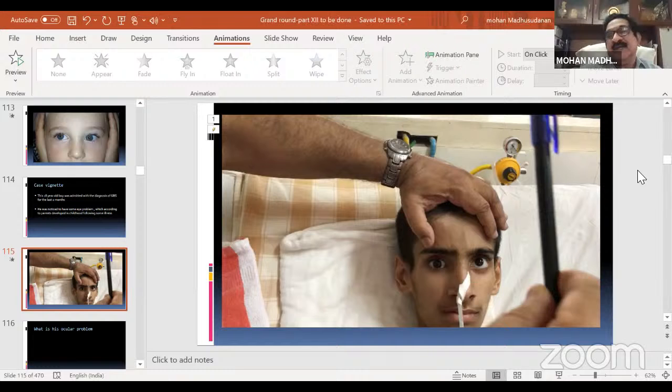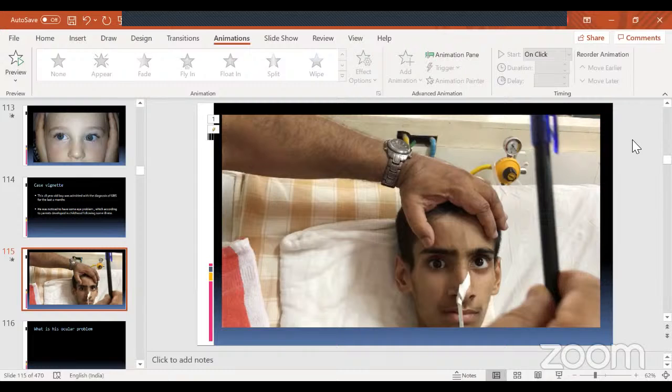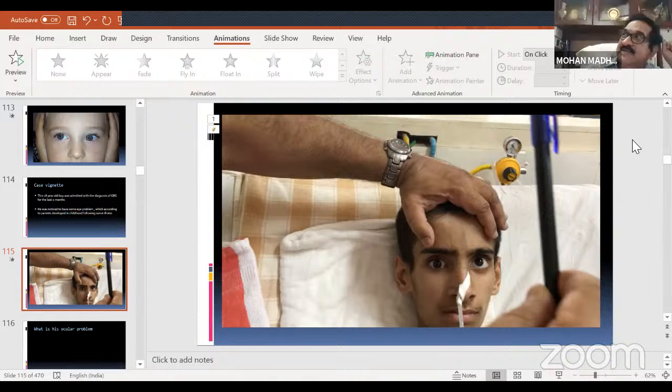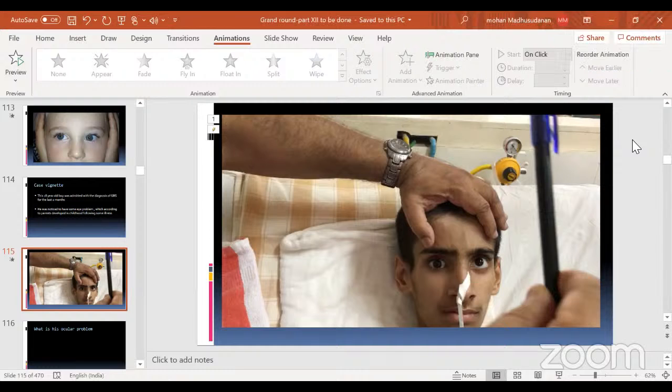Any other doubt? Shall I close? Yes, sir. Thank you, sir. In between, if you are free, we can do something on other days. Yeah, please, sir, on Thursday. Okay, sir. Very good case, sir. Very beautiful case, sir. Thank you very much, sir. Bye.